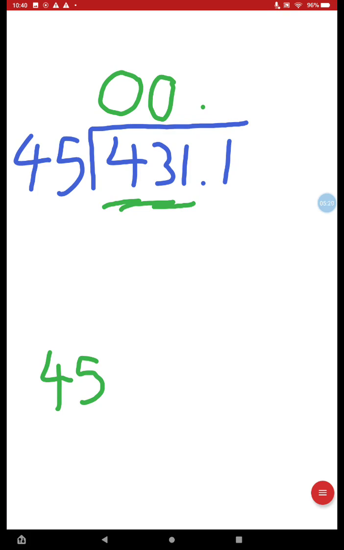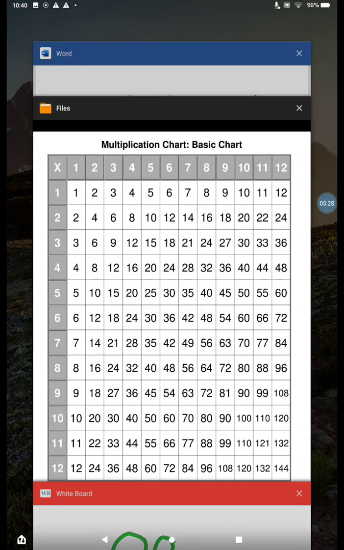Okay, so 50 times what would be 430? Let's look at our tens chart. 5 times what? Hey, 5 times 9 is 45.